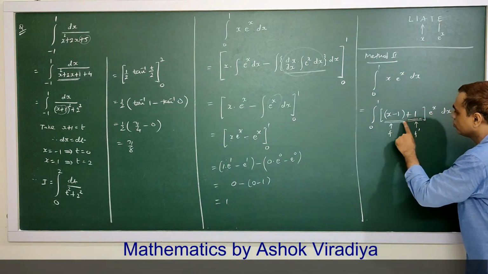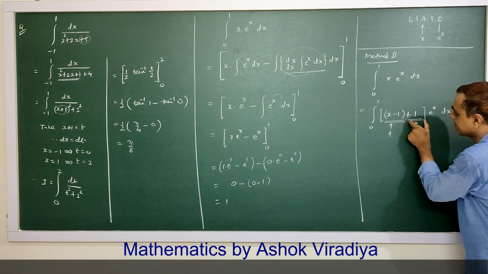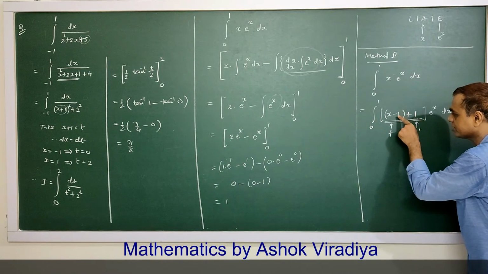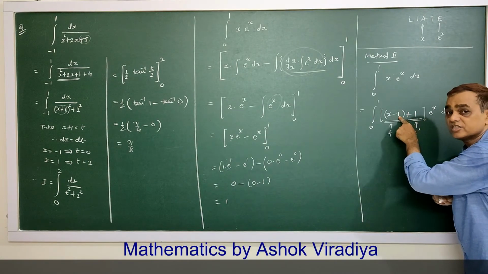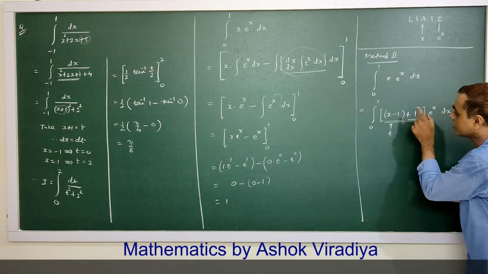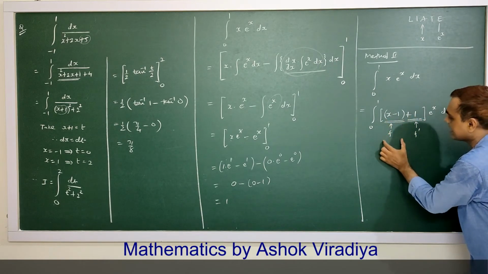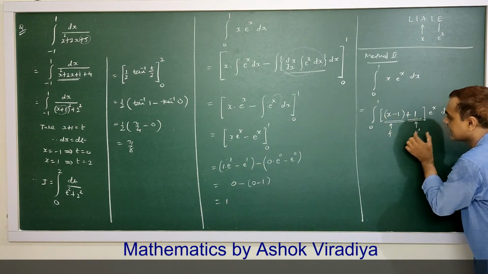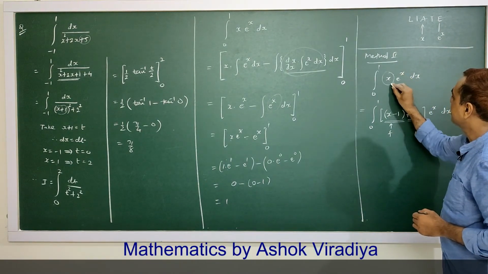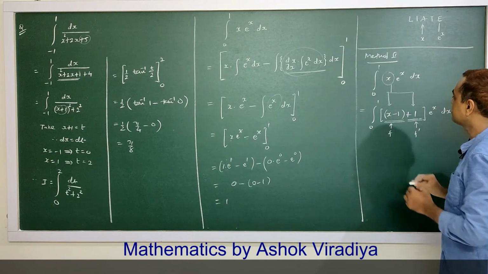Now this we are considering as f. So here there should be f dash. Now check, the derivative of x is 1, and what is the derivative of minus 1? 0. So imagine here 0. So in short, the derivative of x minus 1 is 1, means if this is f, this is f dash. So x is expressed as the sum of two functions.